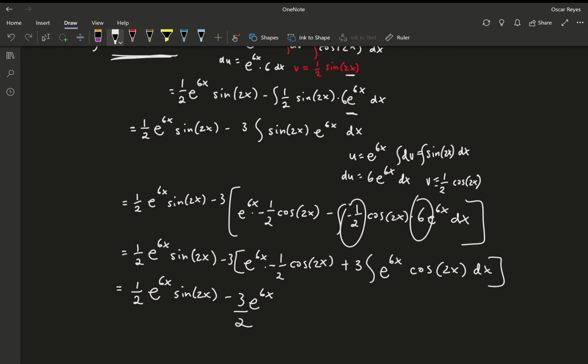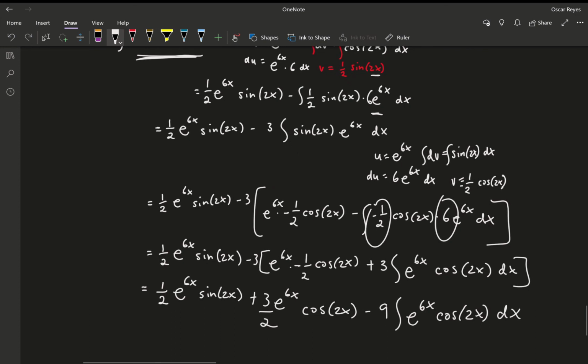And negative is going to become a positive here, because we're going to have negative 3 times negative 1/2, which is positive 3 over 2 e to the 6x cosine of 2x. Negative 3 times negative 3 is negative 9 integral of e to the 6x cosine of 2x dx.